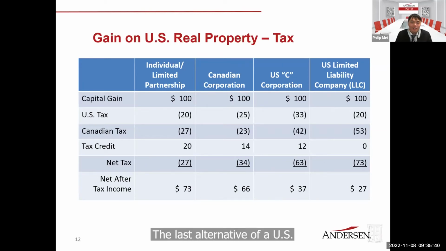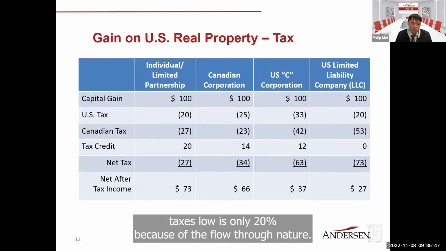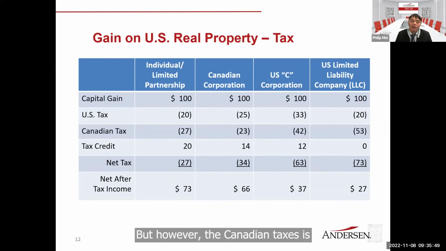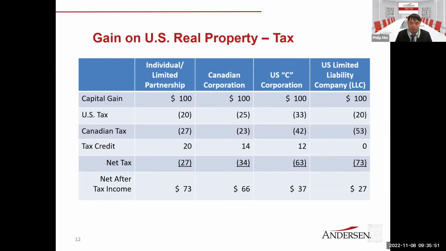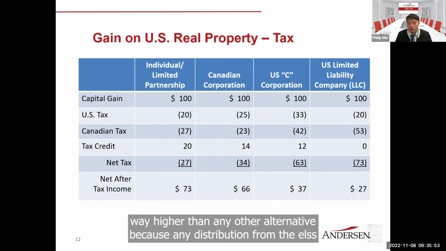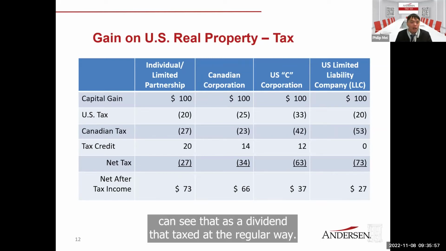Let's move on to the last alternative, a US limited liability company. The US tax is low, only 20%, because of the flow-through nature. However, the Canadian tax is way higher than any other alternative because any distribution from the LLC is considered a dividend taxed at the regular rate.